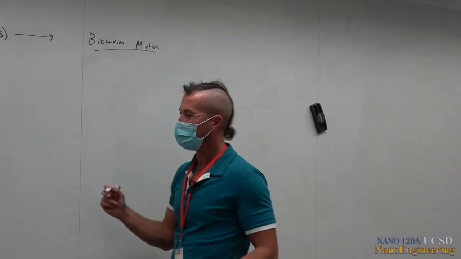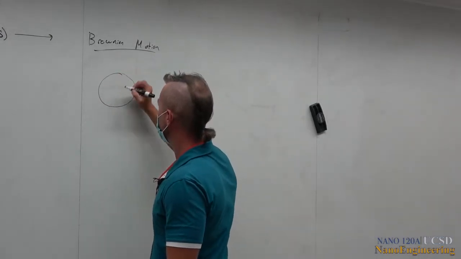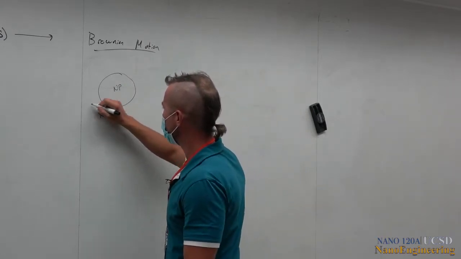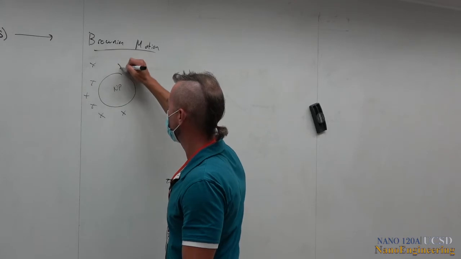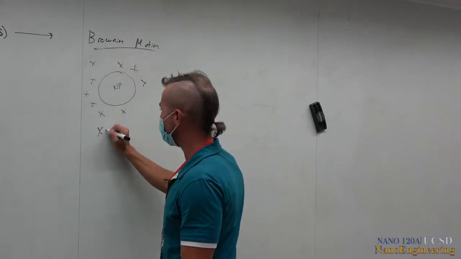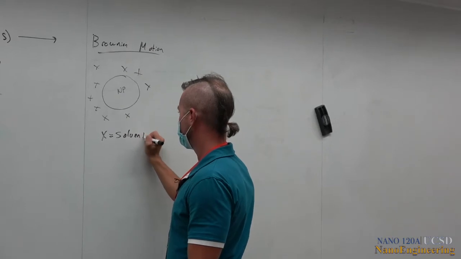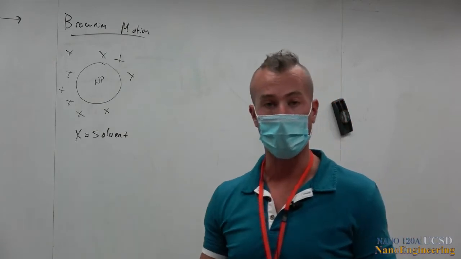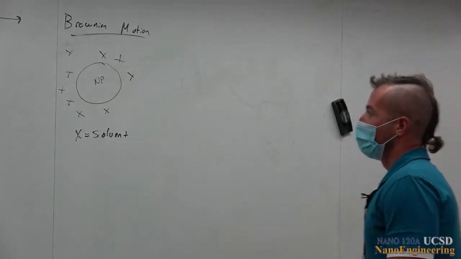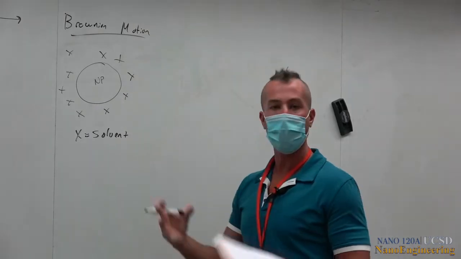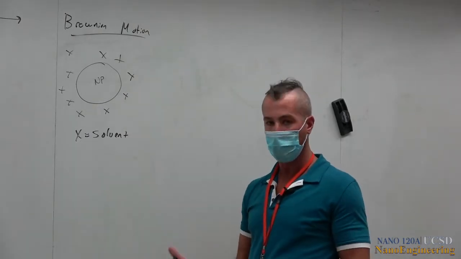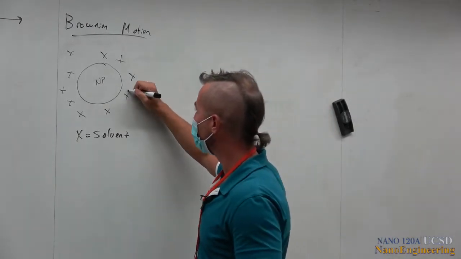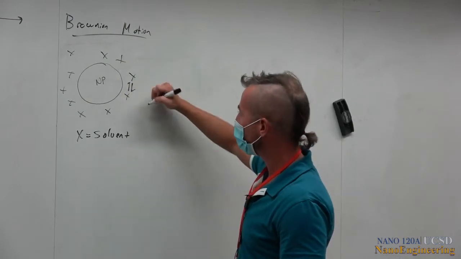So what is it? If we think about this being our nanoparticle, and these little x's equal the solvent. The nanoparticle doesn't have to be a nanoparticle; it could be a grain of pollen. But these solvent molecules have entropy. They have thermal movement. They have thermal energy. And so they are in equilibrium with each other.